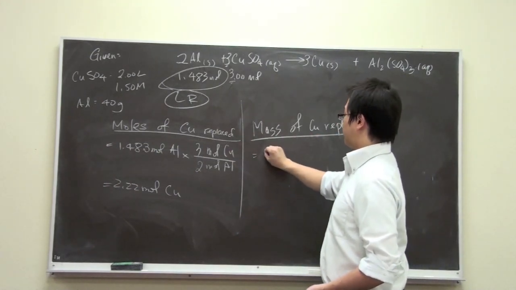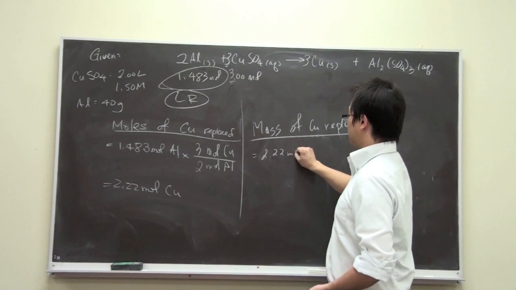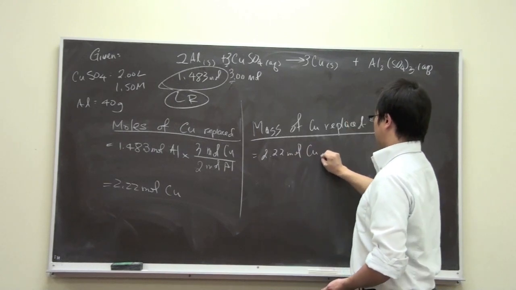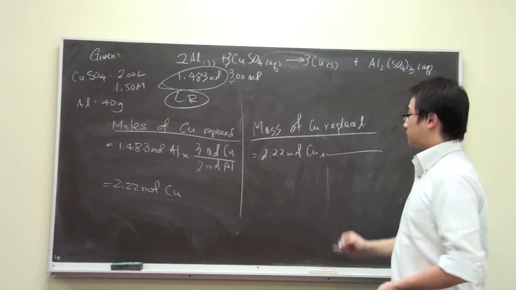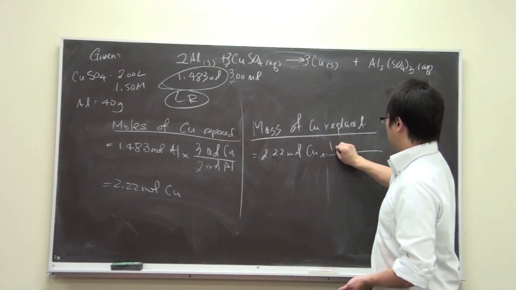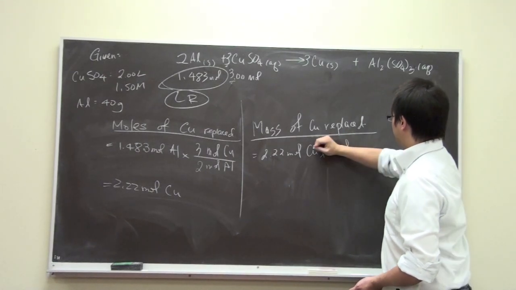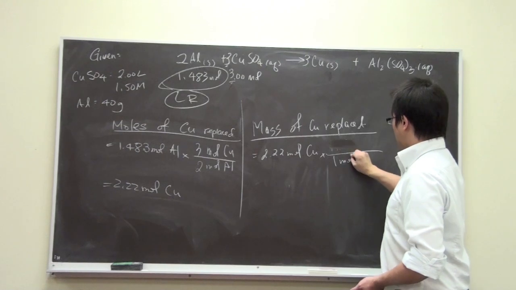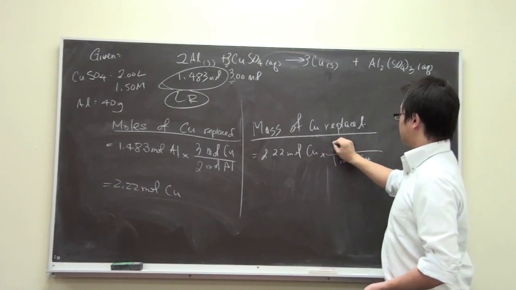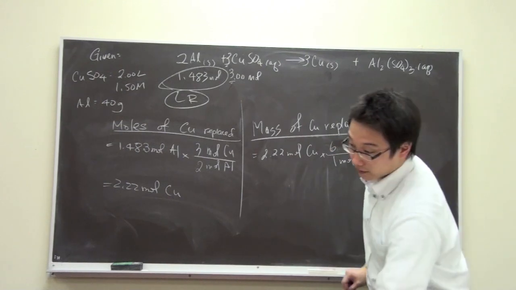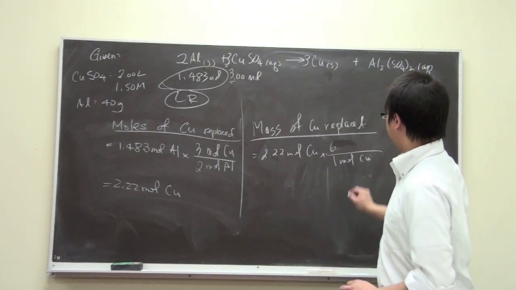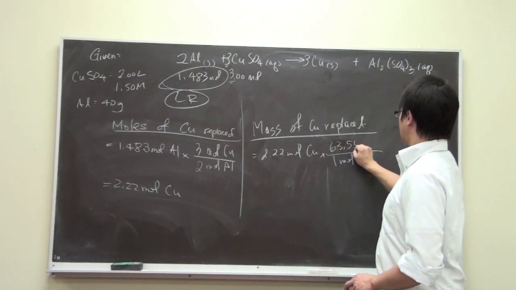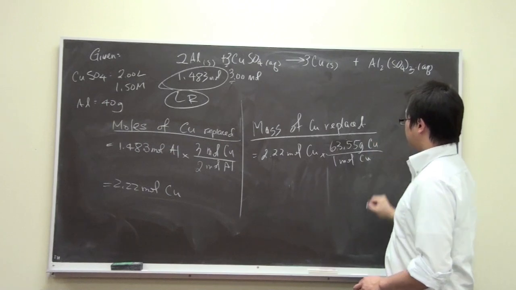So start off with 2.22 moles of copper, and then we would use the molar mass of the copper, which is 1 mole of copper is equal to 63.55 grams of copper.